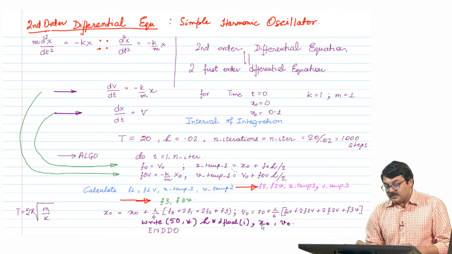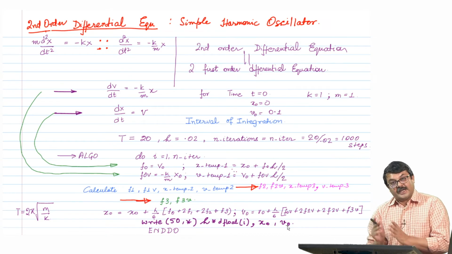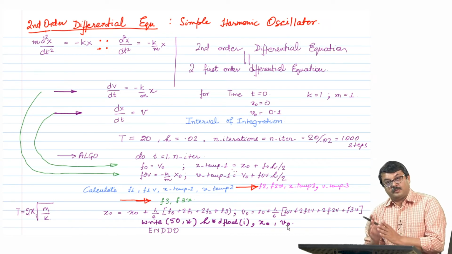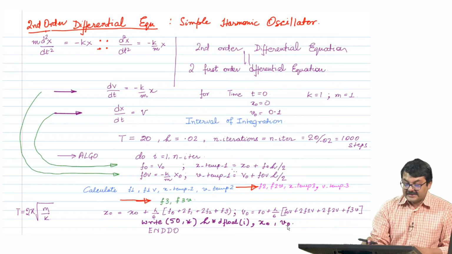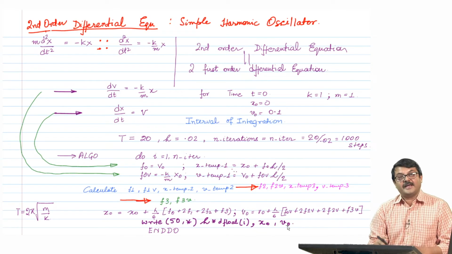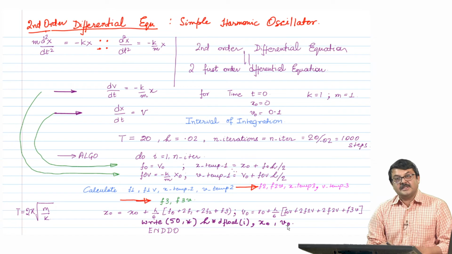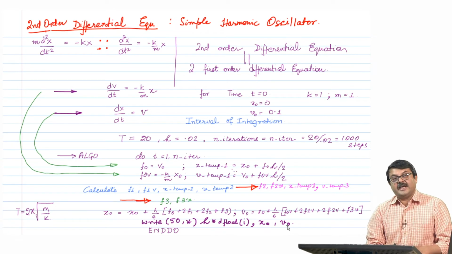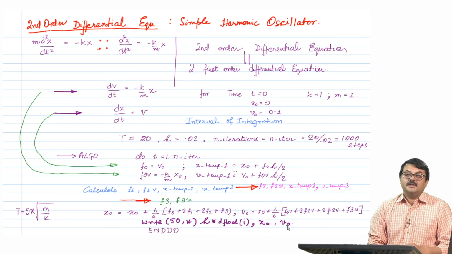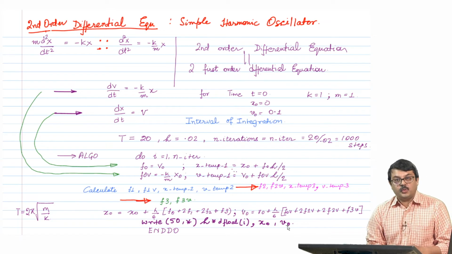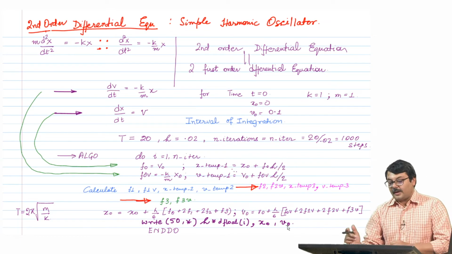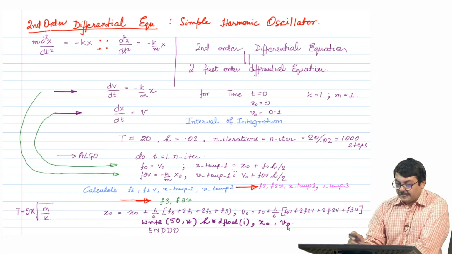Now, using these values of x 0 and v 0, which are calculated at time t 0 plus h, you can do exactly the same thing and calculate the position and velocity at time t equal to 0 plus 2h, and so on and so forth up till the end of the interval.